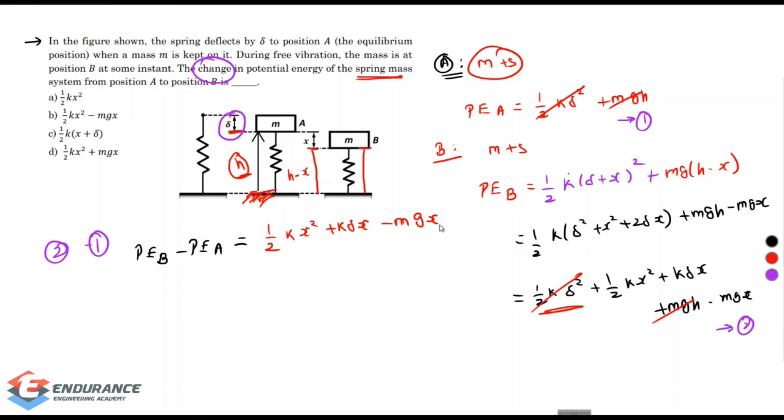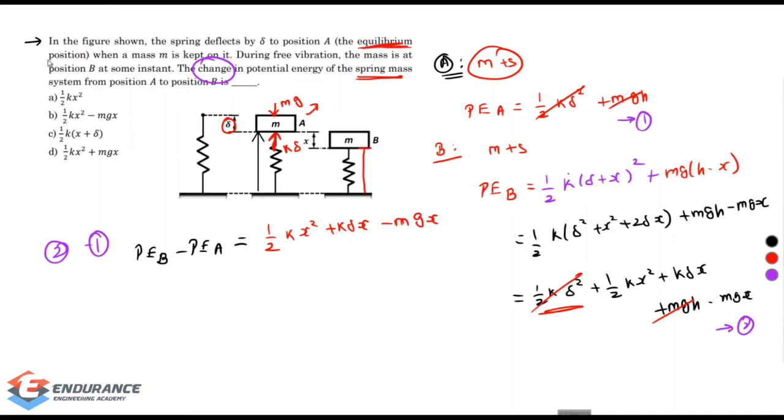For proceeding further, what do we know from the basics? At position A, this delta was static deflection. If I draw the free body diagram, there is the spring force k delta and the weight mg. Under static equilibrium, mg and k delta have to be the same, because it was an equilibrium position.